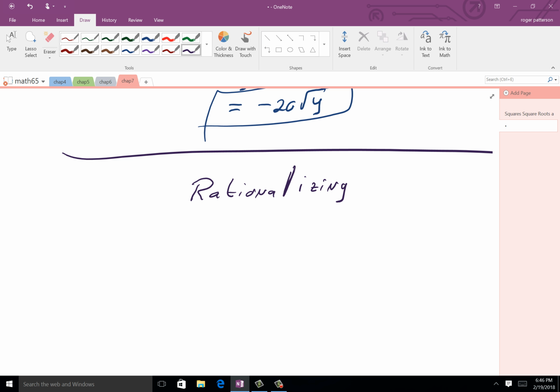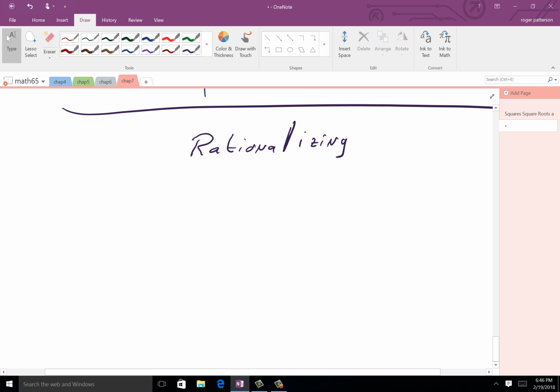So basically the idea is, and we talked about this a little bit last week, how you cannot have a square root or a radical in the bottom of a fraction. Okay, you know, it's just one of those laws of mathematics. You can't have one. Okay, so what we want to do then is get rid of that, and the process of doing that is called rationalizing the denominator, basically.